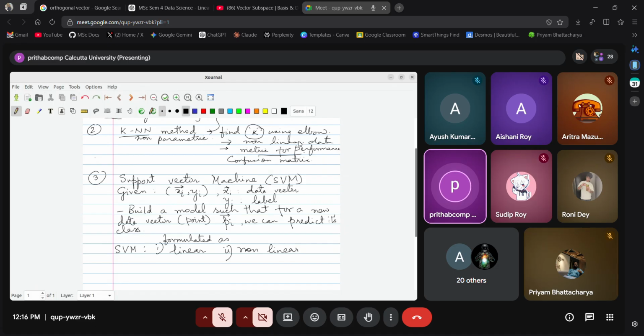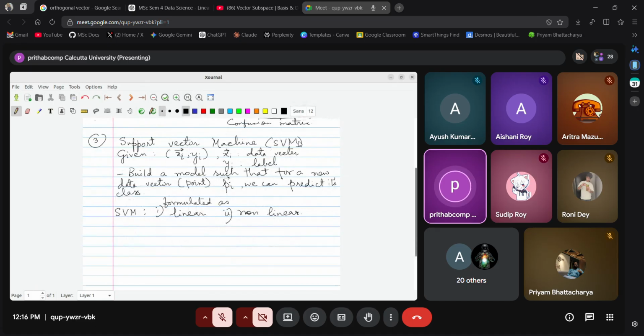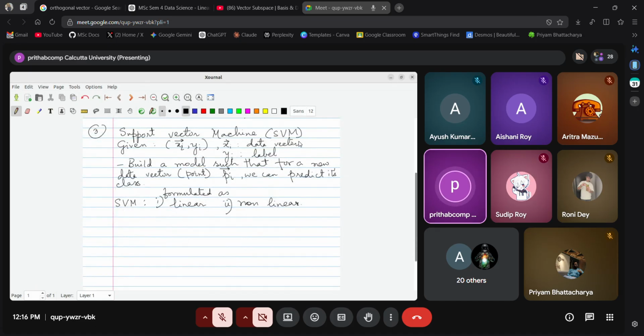What is the meaning of the problem being linear and non-linear? That you have already seen for the classification problem. Also, of course, this SVM problem can be defined for binary classification or multi-class classification.